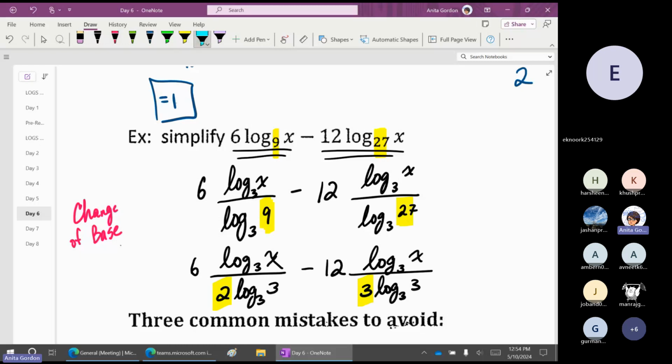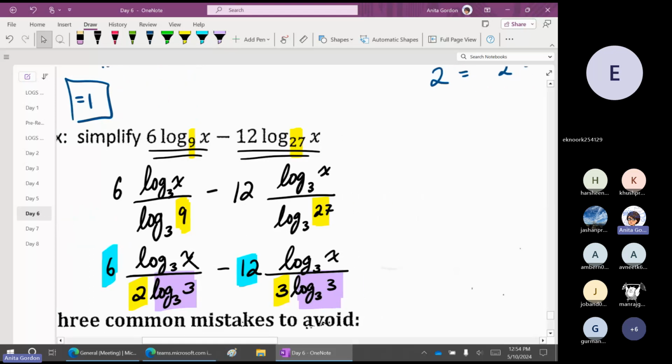Now, if you'll notice, they already have a coefficient in the numerator. And I have a log base 3 of 3. The purple is going to go away. The blue and the yellow are going to simplify.